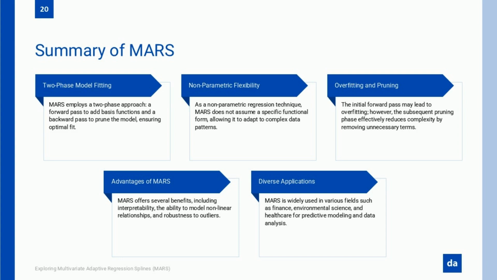MARS outshines traditional regression models when dealing with high-dimensional, nonlinear data, making it especially useful in fields like finance, healthcare, and marketing, whether predicting credit risk, patient outcomes, or customer purchasing behavior. MARS has proven to be a game changer, uncovering insights that standard models simply cannot.